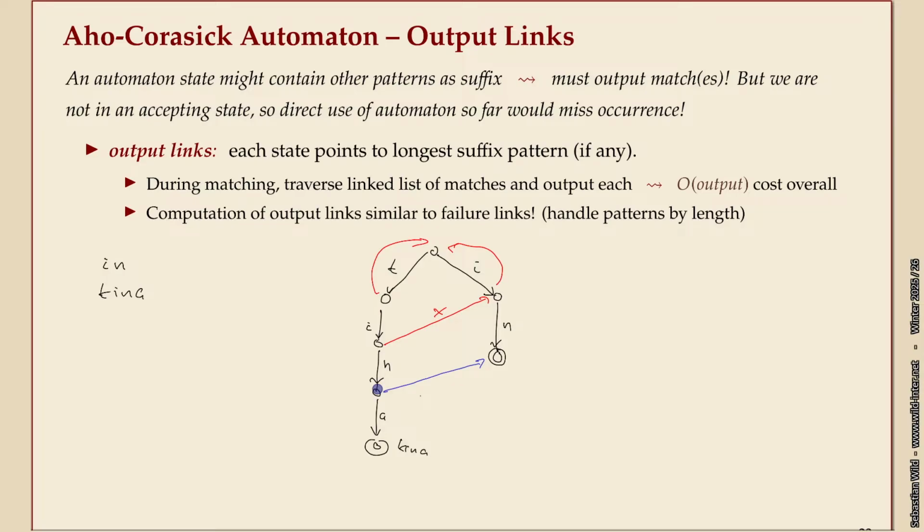Okay, for now, maybe you just have to take my word that you can compute these in roughly the same way. It turns out, again, you basically find these from this node, you have the string tin. You leave off the first character and see where that leads you. In this case, it leads you right to this accepting state, and it's easy.